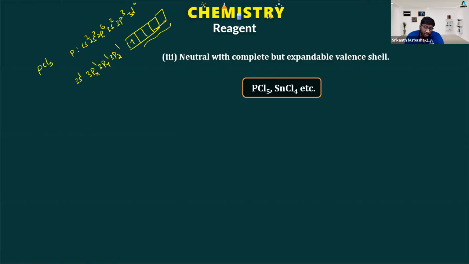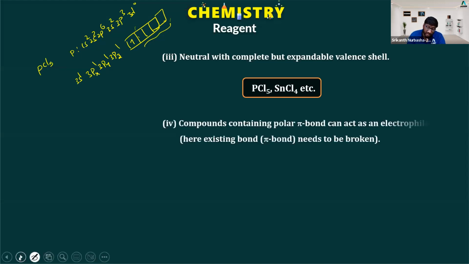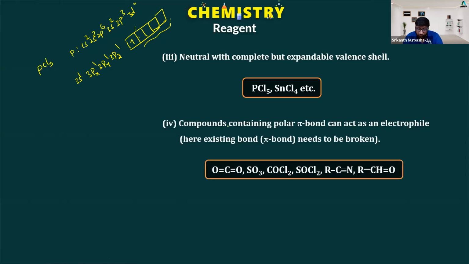So the electrons can be excited, and due to the presence of vacant d orbitals, it can still accept electrons. That means PCl5 and SnCl4, due to vacant d orbitals, can accept electrons, and thus they behave as electrophiles, electron accepting species.